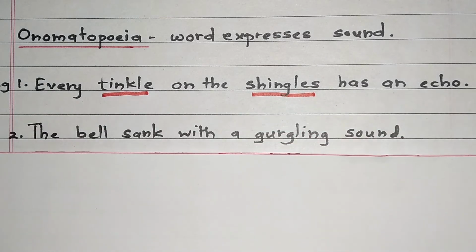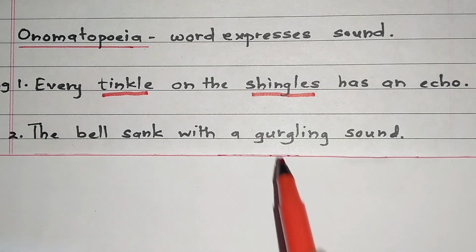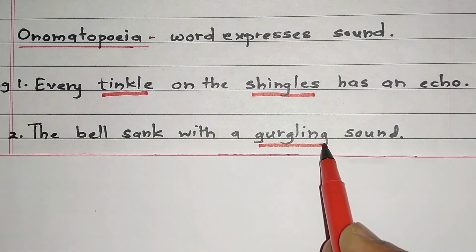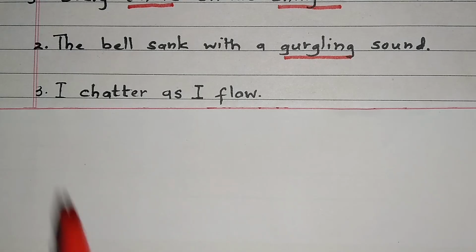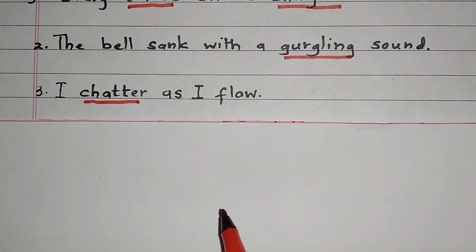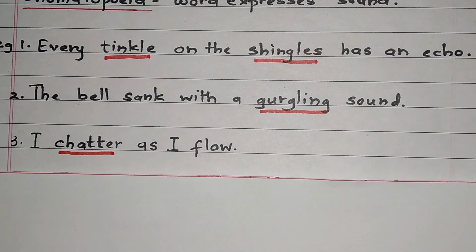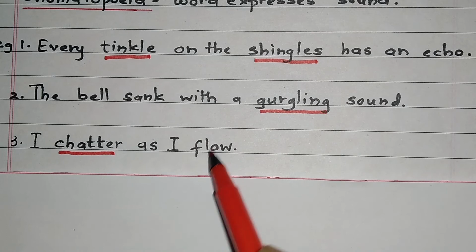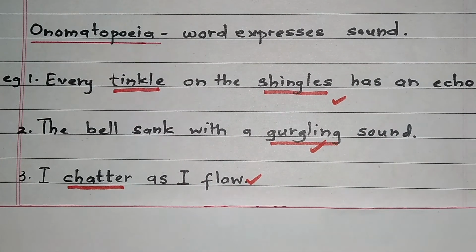Second example, the bell sank with a gurgling sound. Notice the word gurgling. It expresses sound. Next example, I chatter as I flow. Here the word chatter expresses sound. And therefore, friends, in all these 3 examples, the figure of speech is onomatopoeia.